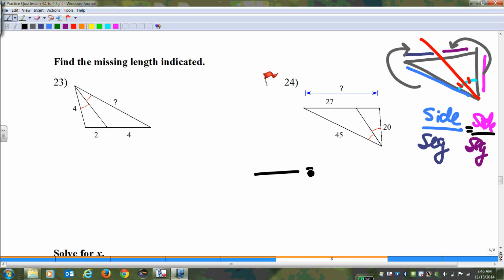So let me get you started on 24. So we're going to go side, I'm just going to write it out, side over segment equals side over segment.